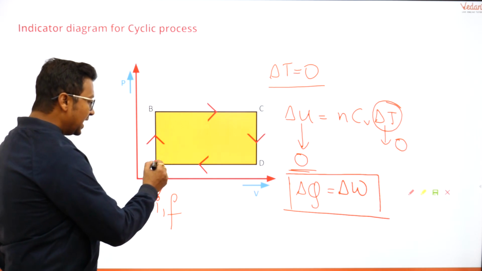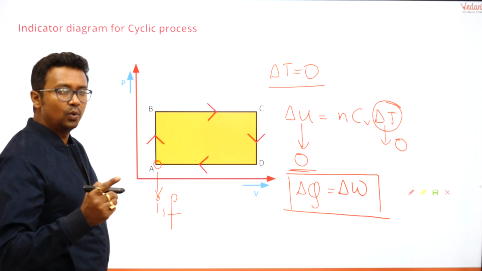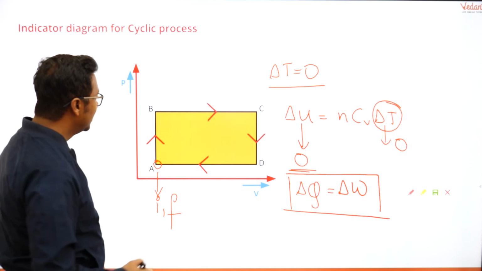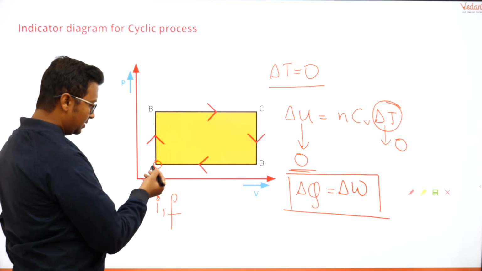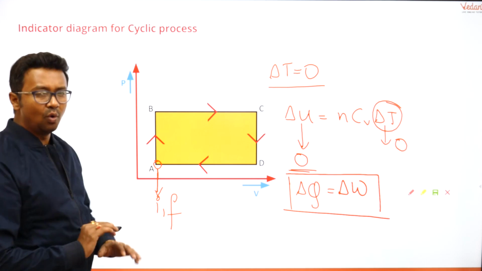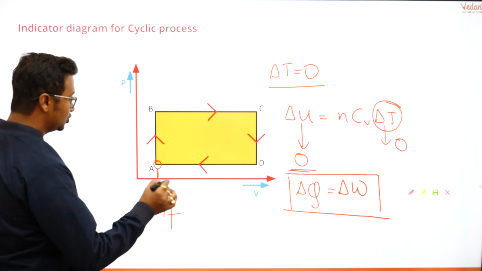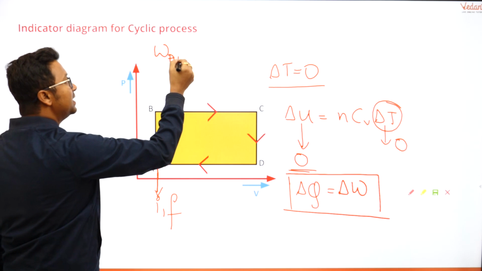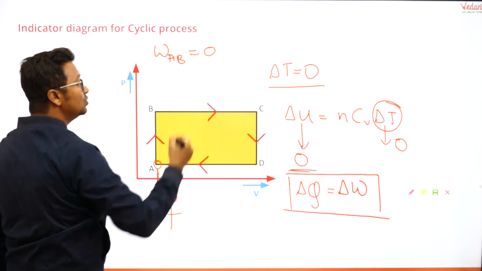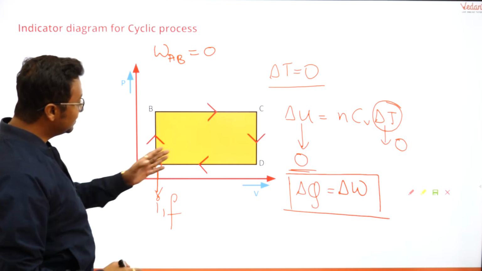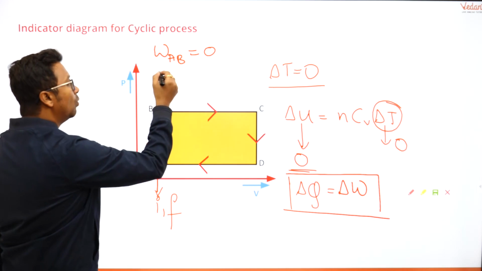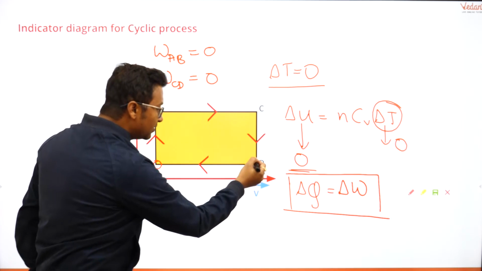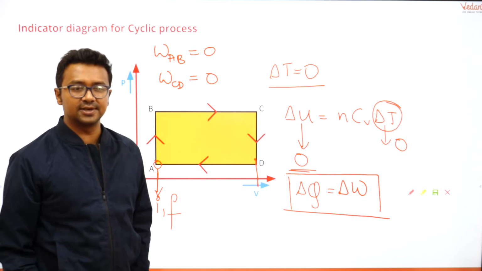Students, if you see AB, what we are doing is finding out the work done in a cyclic process. Clear? So, if you look at AB, volume is constant, so no work is done during AB. I can just note here that work done during the process AB is equal to 0. Similarly for CD, work done in the process CD is also equal to 0, because the volume remains constant.